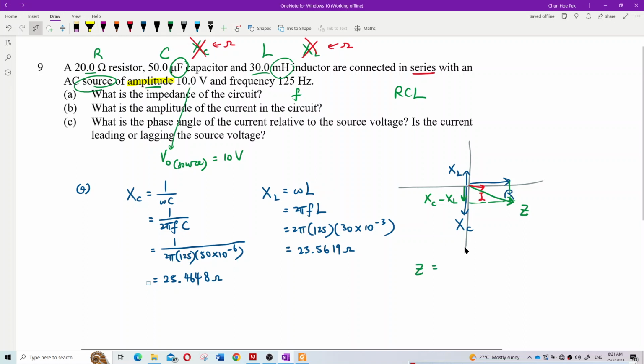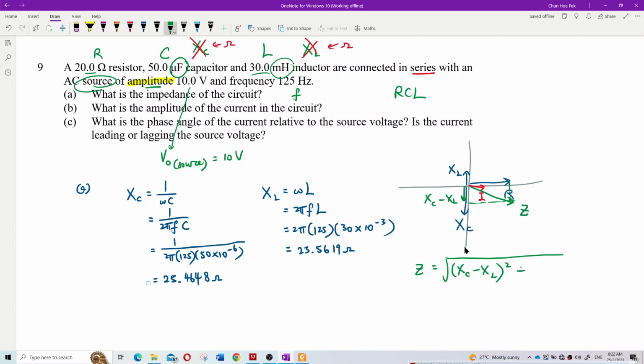We have a formula based on the phasor diagram: Z equals the square root of (XC minus XL) squared plus R squared. Let's find the difference: 25.4648 minus 23.5619 is 1.9029.